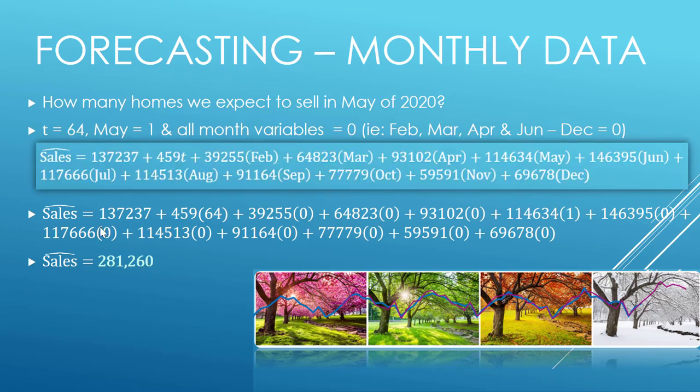Here is that equation we're working with. We've just plugged in all of our variable values. We get 281,260. So we expect to sell 281,260 homes in the United States in May of 2020, assuming the market keeps behaving as it has been historically.